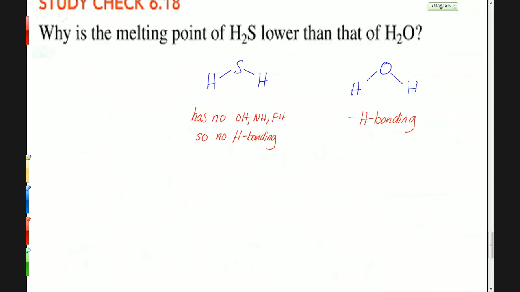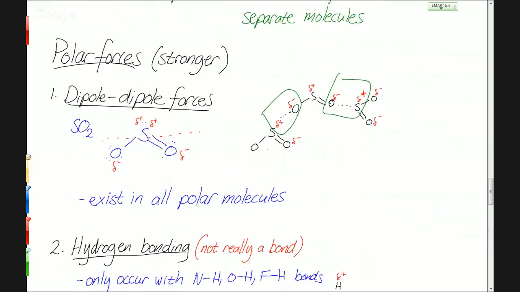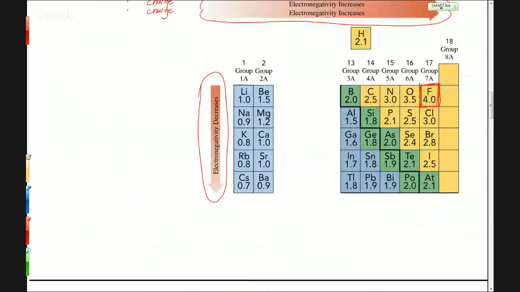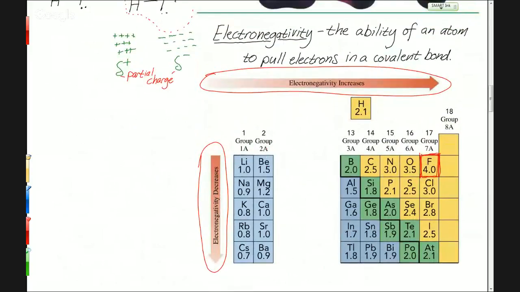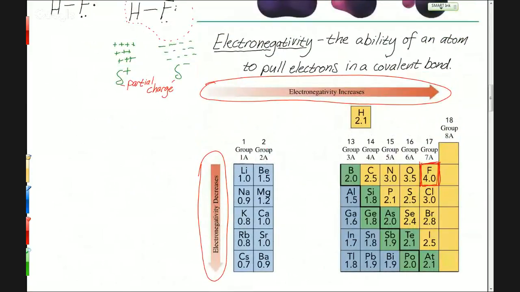What kind of forces do you think H2S has? To figure that out, we have to look back at our electronegativities and see if there's actually a polarity difference there or not. What's the difference in polarity between sulfur and hydrogen?